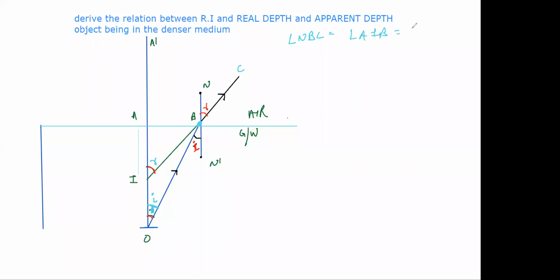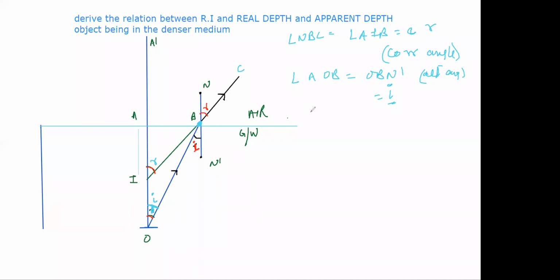So these are equal to angle R. They are corresponding angles. And angle बोलिए कौन सा? AOB, angle O is equal to angle OBA dash. They are the alternate angles and they are equal to I. Right? Yes, sir.